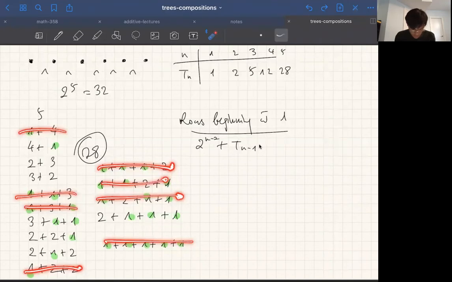There's 1 in 3 ways, 2 ones in 1 way, 3 ones in 1 way. That's not it. Is it how many are there even? 1, 2, 3, 4, 5, 6, 7, 8. There are 8 of them.